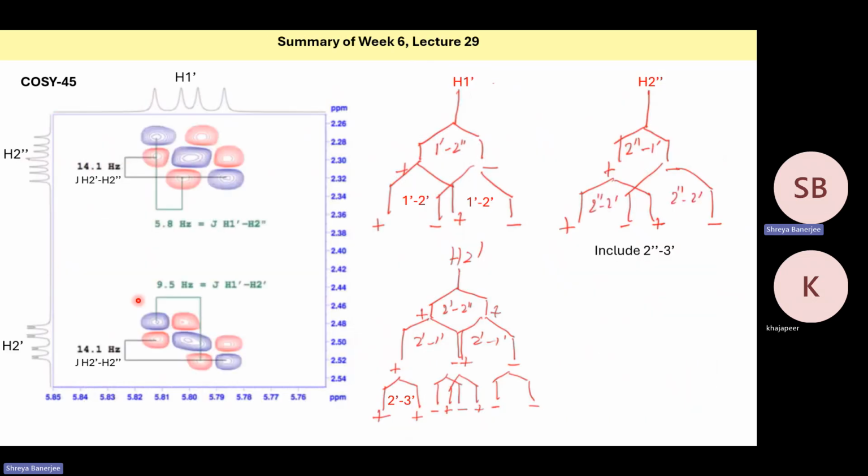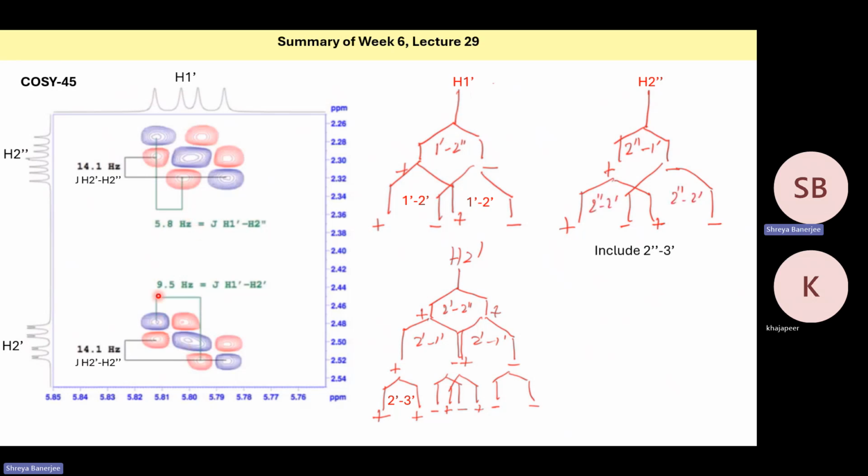You can see the example here. One example is shown where you have H1 prime here, and in the other axis you have H2 prime and 2 double prime. So in this case, this is an example from COSY 45. So the resolution is very good. If you take the difference between this peak and this peak, this is the coupling constant between 1 prime and 2 double prime, which is coming around 5.8 Hertz.